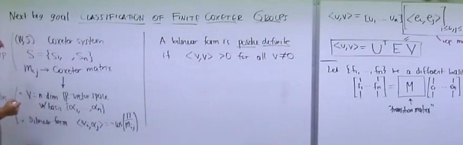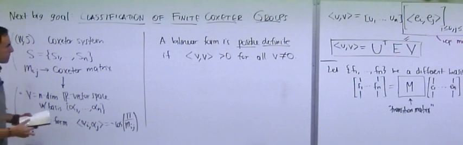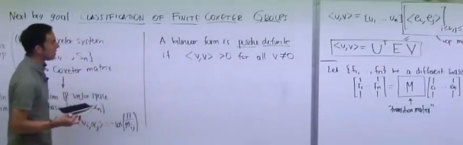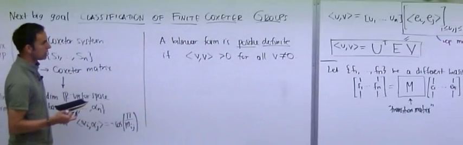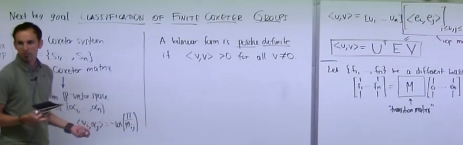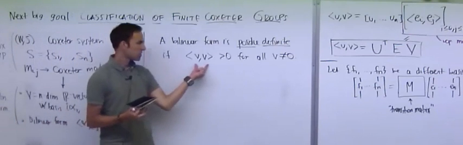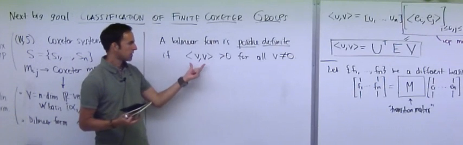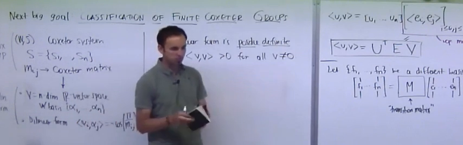So that's all it means for a bilinear form to be positive definite. Of course, we know that the usual dot product is positive definite because this is just the square of the length of the vector in Euclidean land. And so that's going to be some positive number.